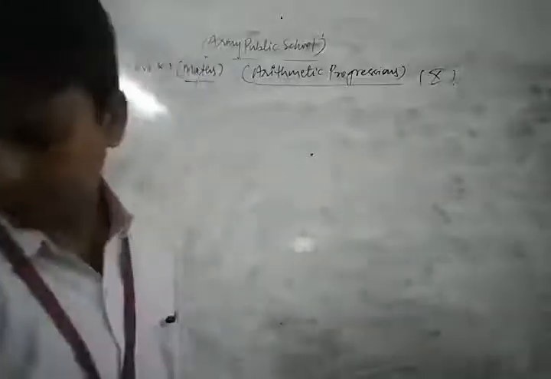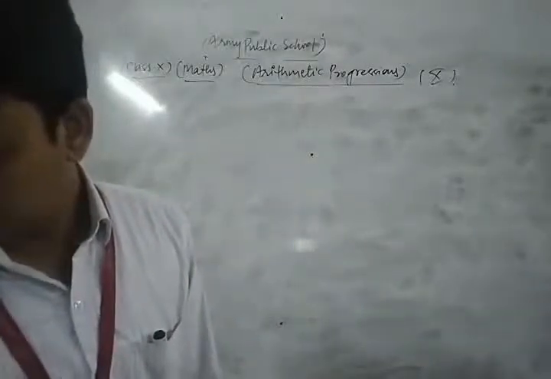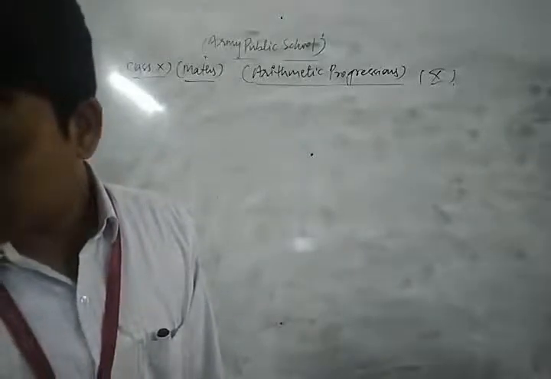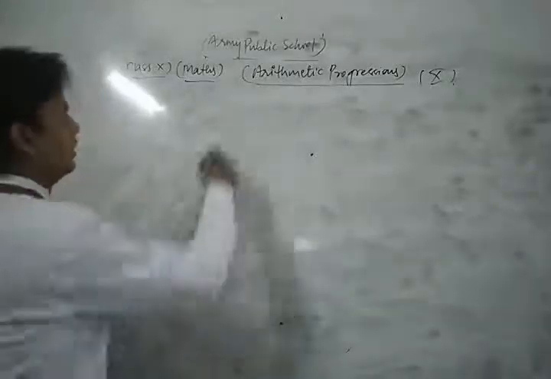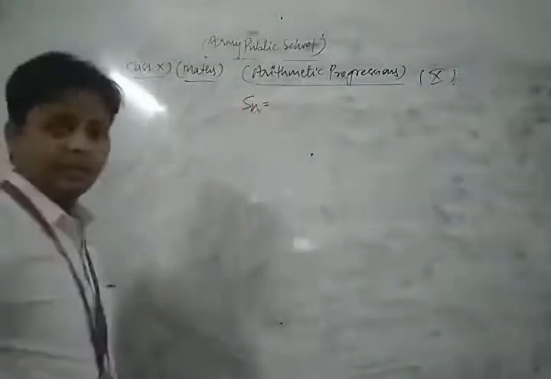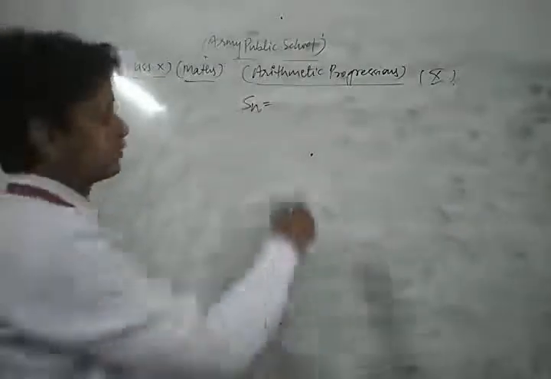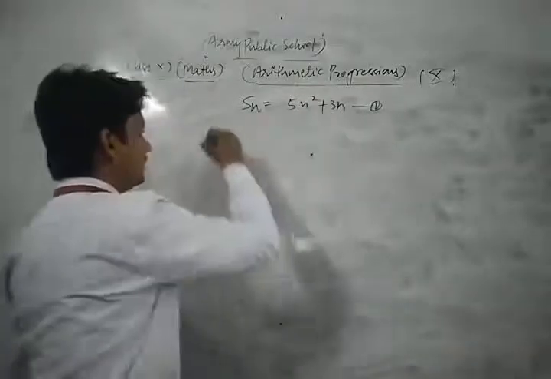Now your question is: the sum of first n terms of an AP, that means Sn, is given as 5n square plus 3n. Take this question now. This is given.